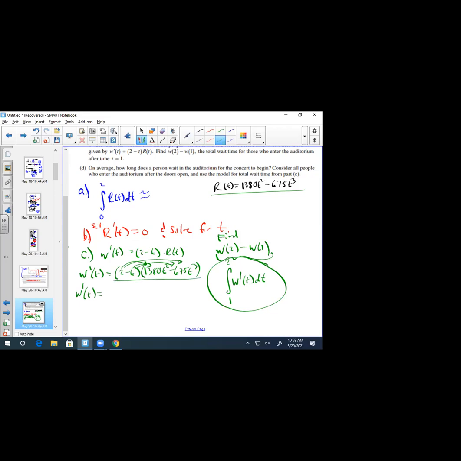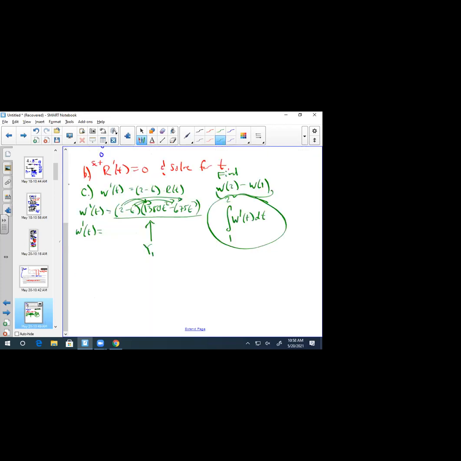So what you're going to do is in your calculator, you're just going to plug this into, let's say, y sub 1, right? And then you're going to find where that is in y sub 1. So this is just going to be the integral from 1 to 2. And then in your calculator, you're going to plug in vars, y vars function of y1.